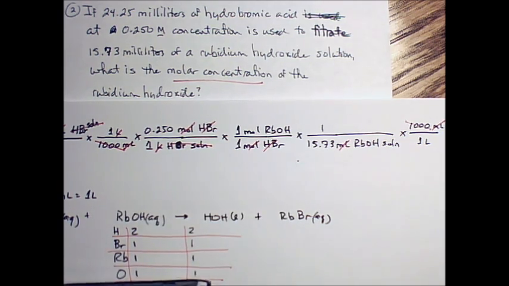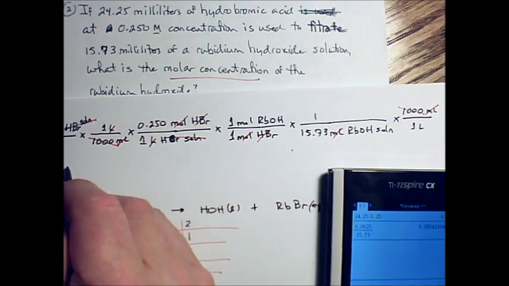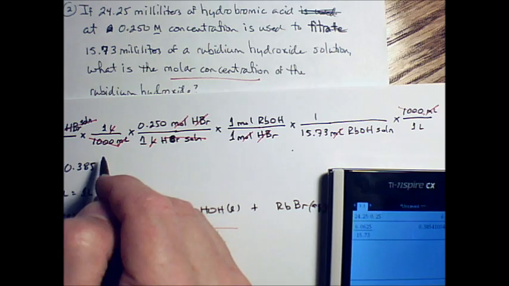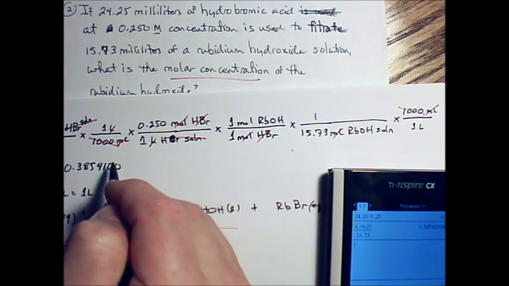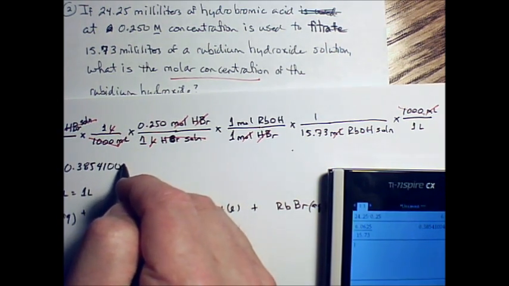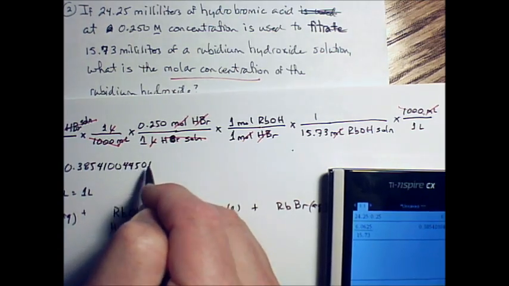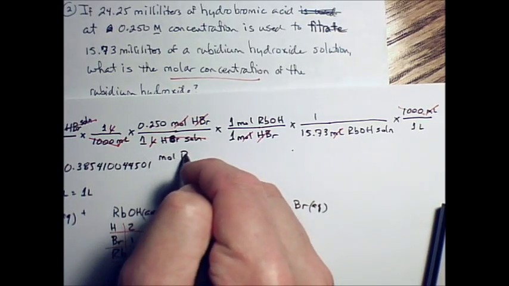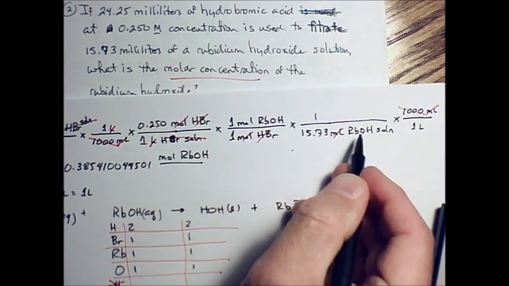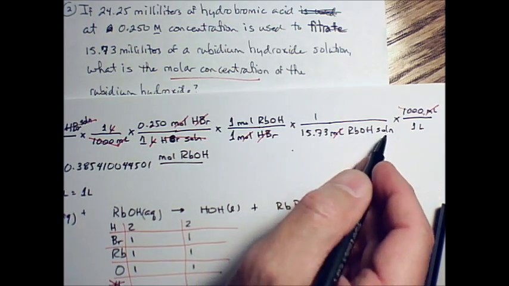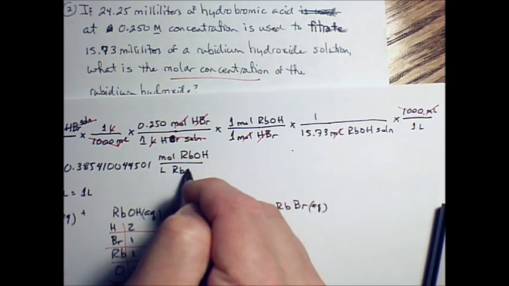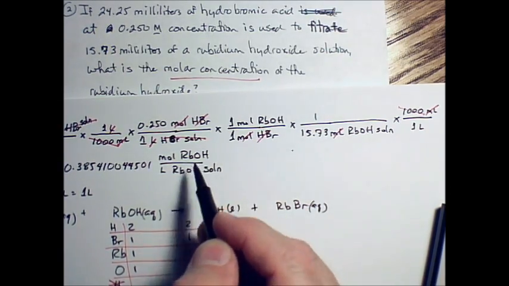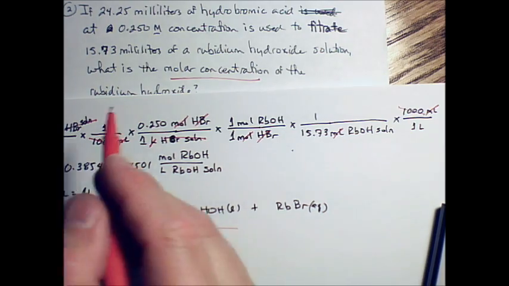So we get 0.3851... We have units of moles rubidium hydroxide over liters of rubidium hydroxide solution. And that is what molarity is, so we can shorten that up in the next step.